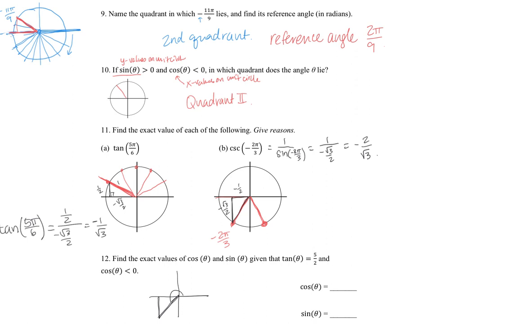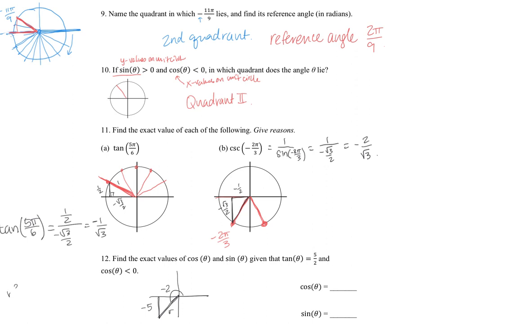And then it says tangent of theta is equal to 5 over 2. So what I can do is think about that as y over x. So again, this one is not scaled to be on the unit circle, but that's okay. We can still compute it. So it's negative 5 over negative 2 is our tangent value, and I can find the hypotenuse. So I can say that, maybe I'll call that r.